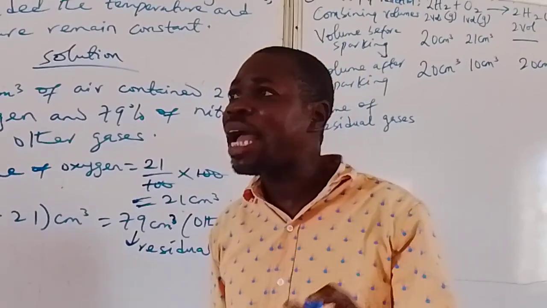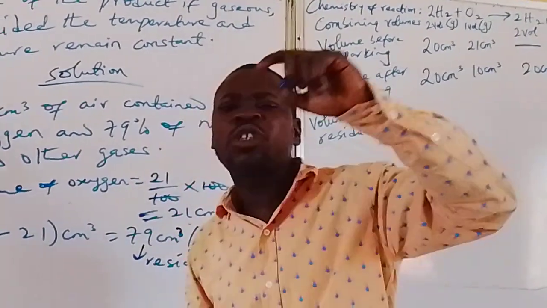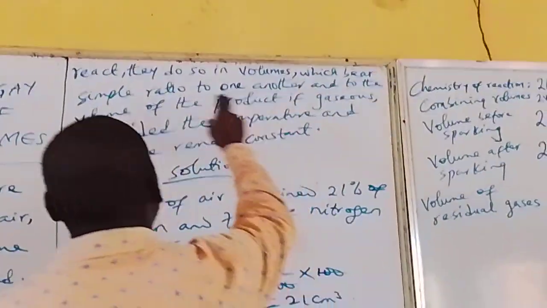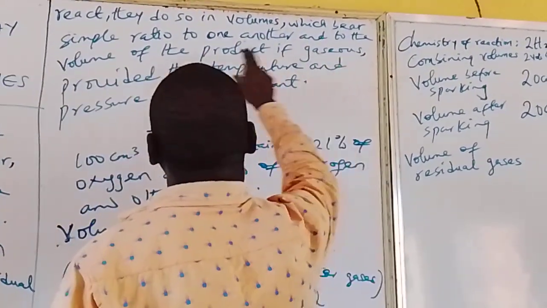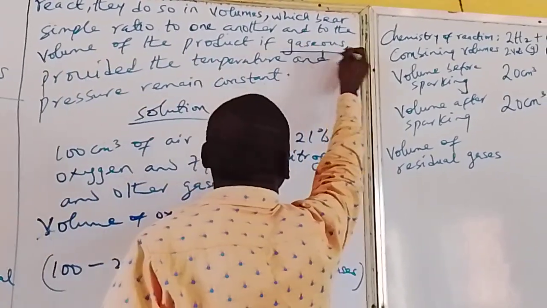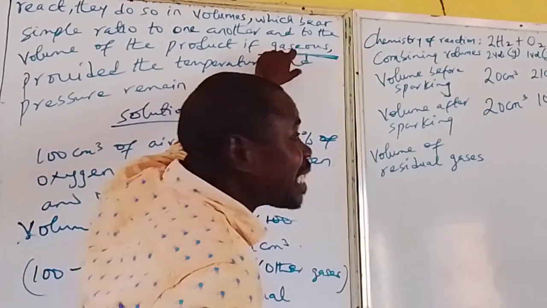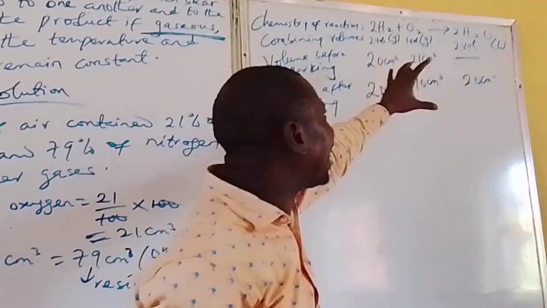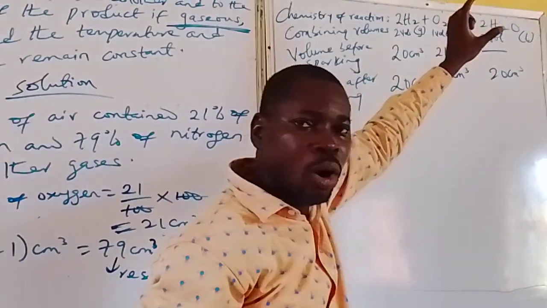Why are we going to leave water behind? Because Gay-Lussac's law states this statement, let's underline it: their simple ratio to one another and to the volume of their product if gaseous. That means anything we are treating here must be gas. Anything that is not gas will be left out of the calculation.